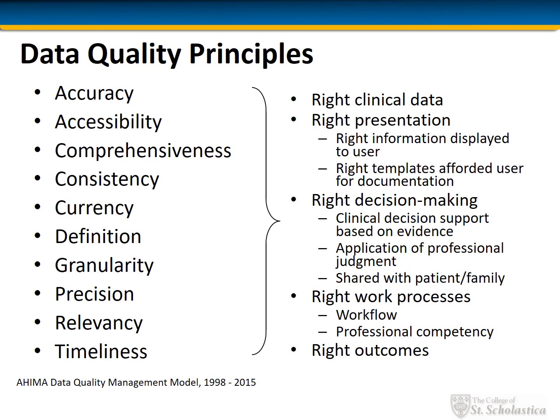The data quality principles of accuracy, accessibility, comprehensiveness, consistency, currency, definition, granularity, precision, relevancy, and timeliness were introduced to healthcare by the American Health Information Management Association in its Data Quality Management Model Practice Brief in 1998 and have been continuously updated through 2015.